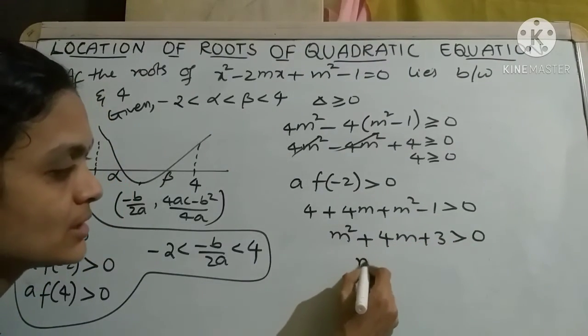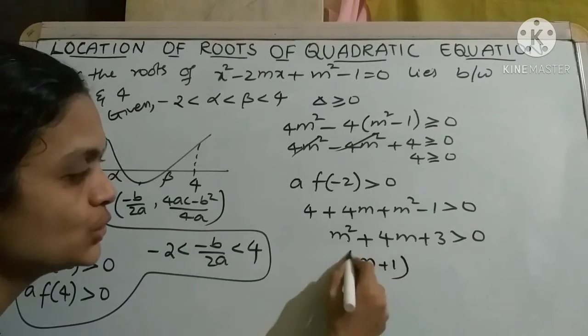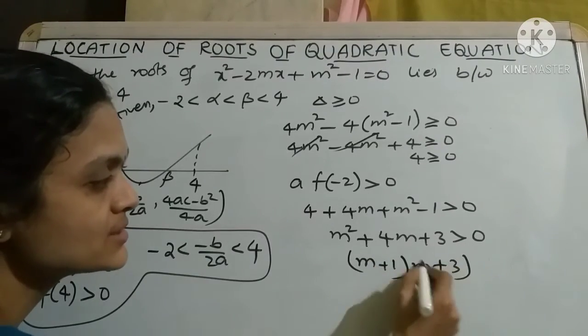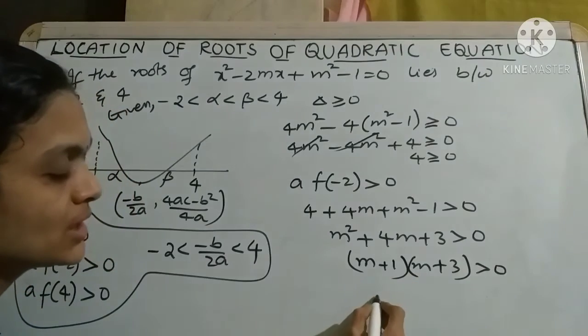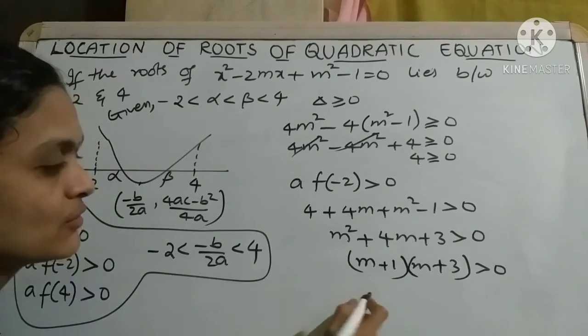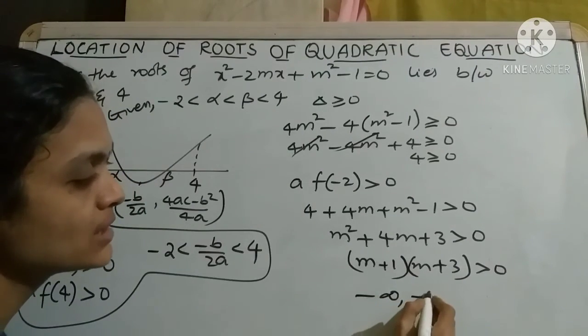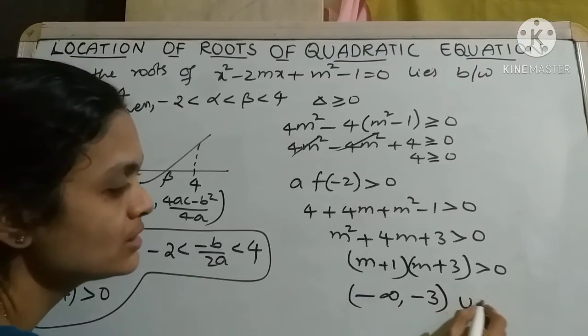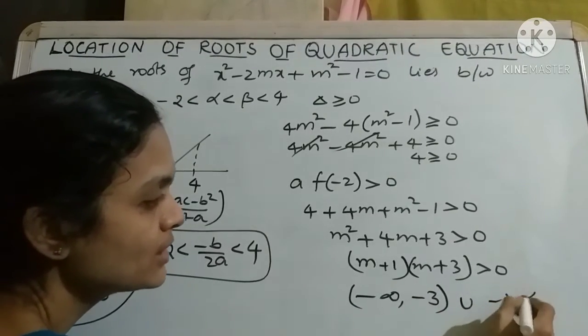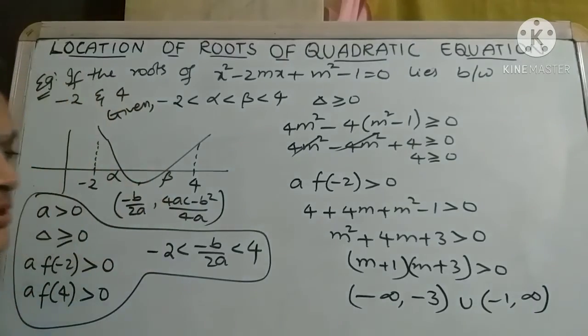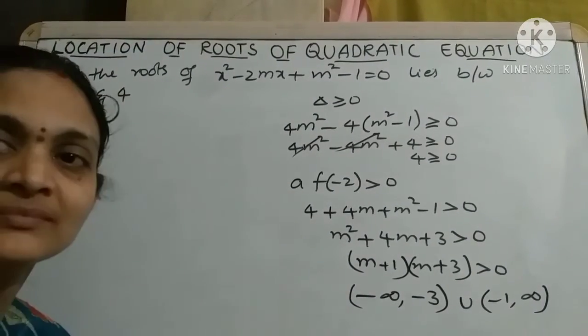Then m plus 1 into m plus 3 is greater than 0, so you get minus infinity comma minus 3 union minus 1 comma infinity.